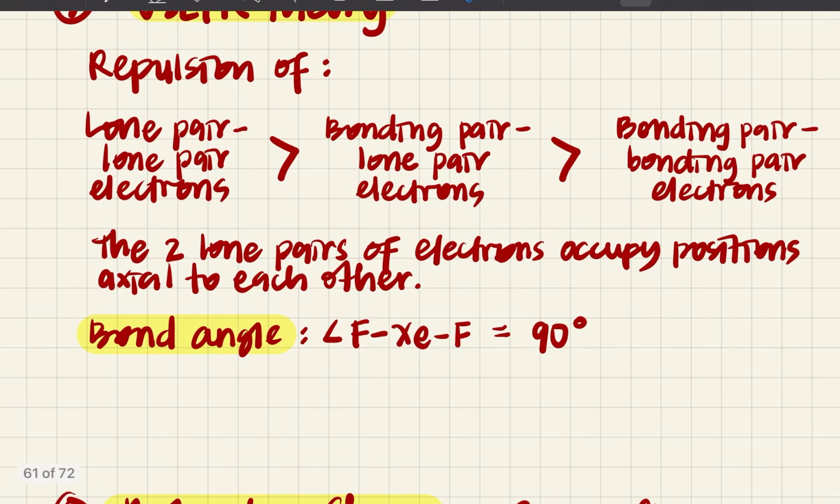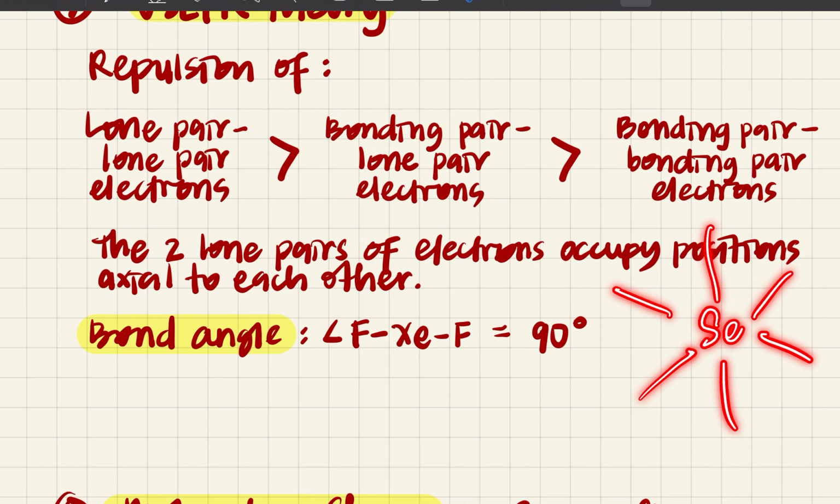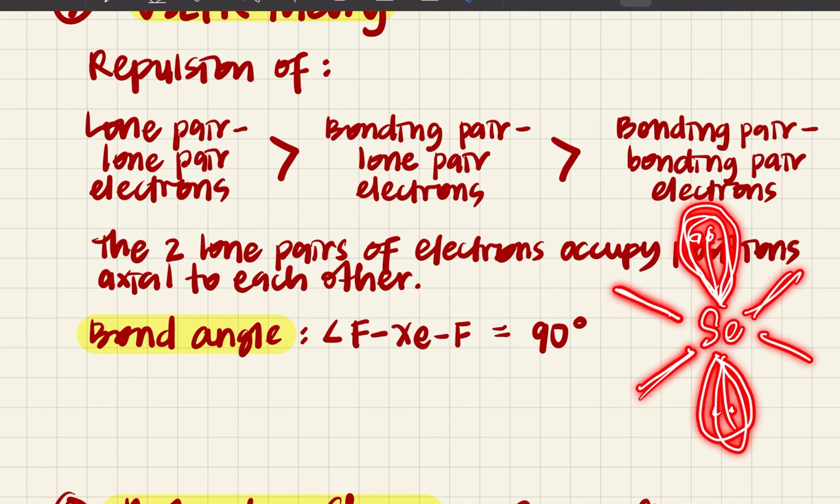We have xenon with 6 electron pairs around it. Your lone pairs will sit axial to each other. So when you have your lone pairs here, what will happen to the 4 bonds here? They will form a square planar shape.